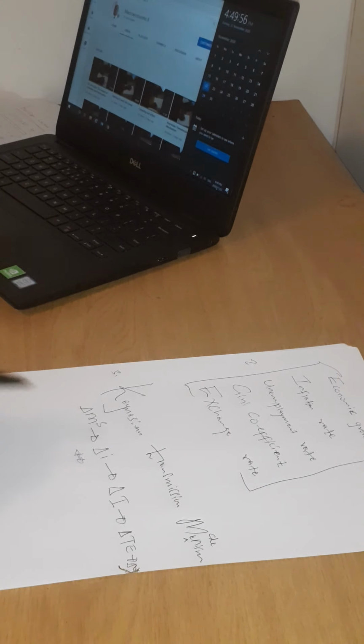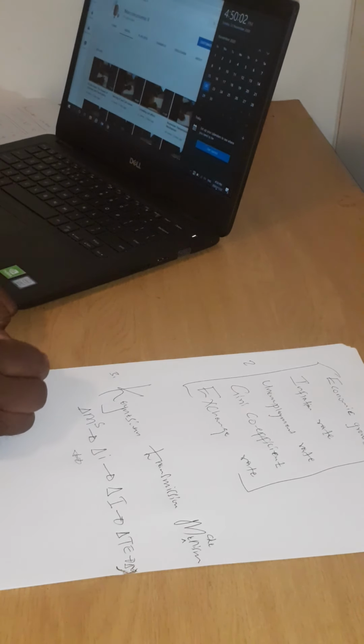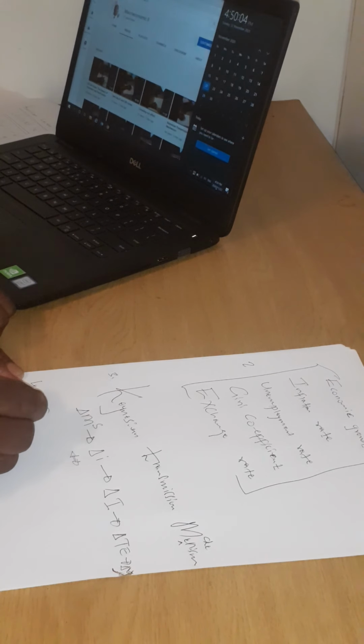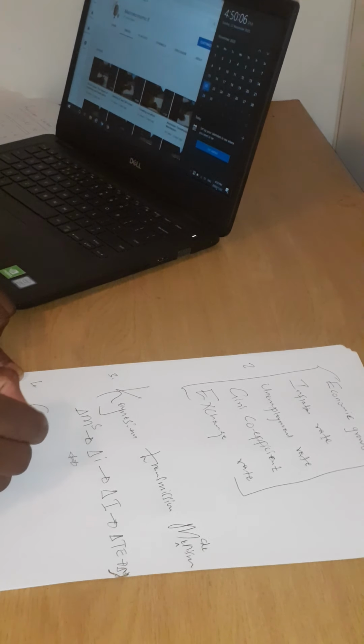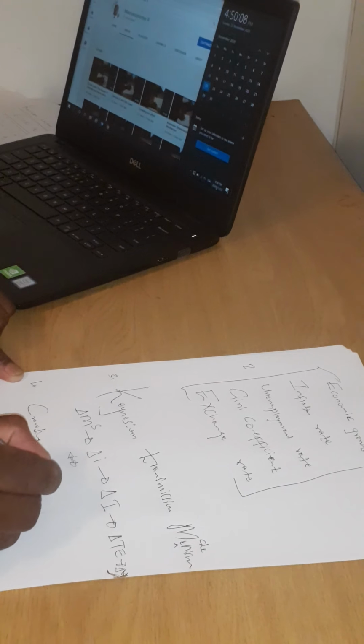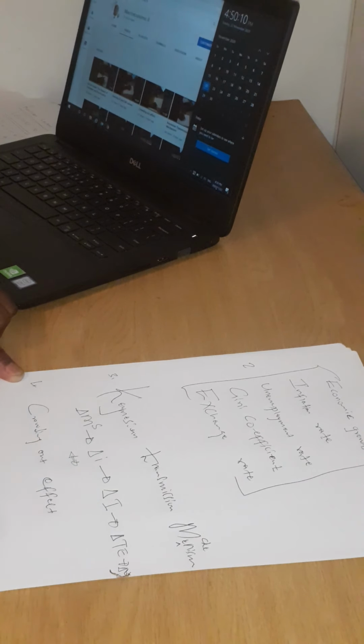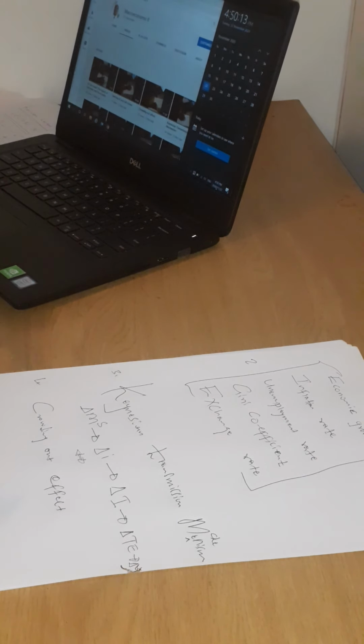And then now I'm going to add the other topics, like the crowding out effect, where government expenditure increases.